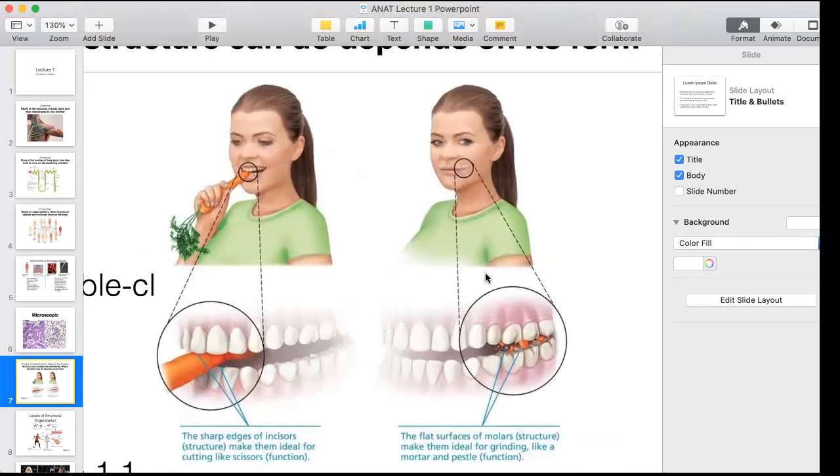But if you look at the teeth, they're perfectly suited, especially human teeth.